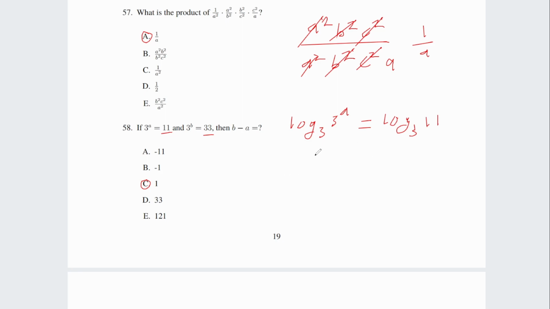And then log base 3 of 3 to the a is a, so a equals log base 3 of 11. And then we could do the same thing for b and say that b equals log base 3 of 33 and solve it that way if we're really happy with our logarithms.